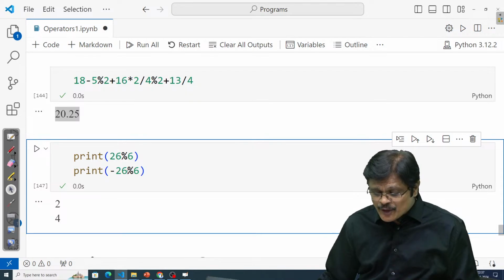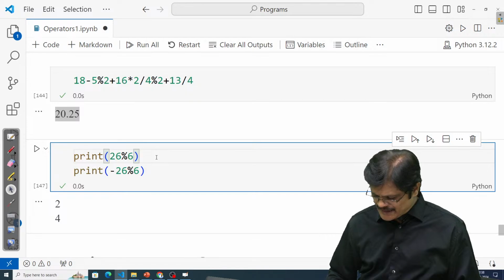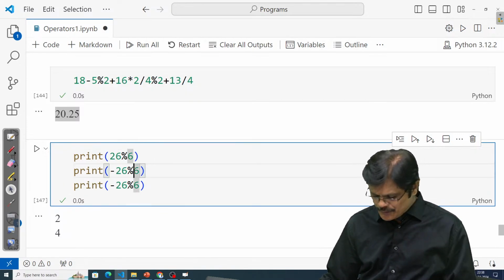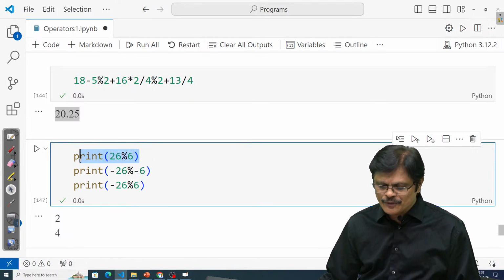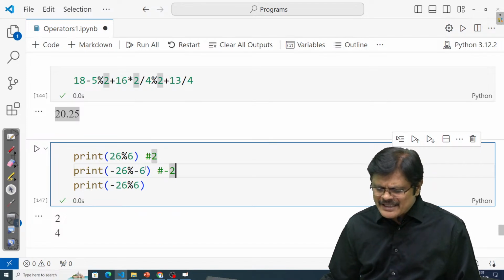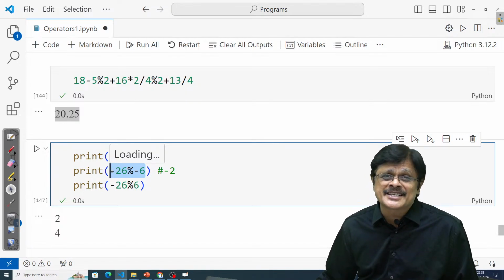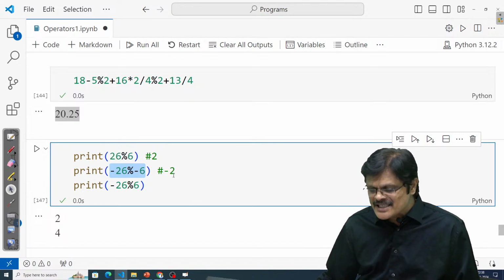And when both are negative, you need to consider it as minus of the positive case. Here the answer is 2, so this one is minus 2, because we can just assume this as minus of 26 modulus 6. So the answer will be minus 2.